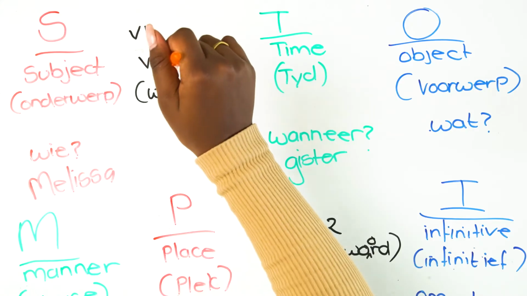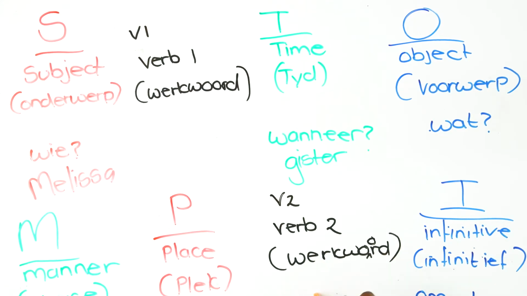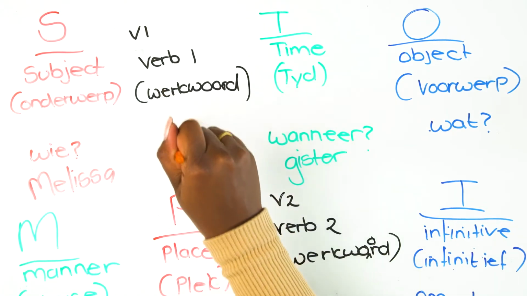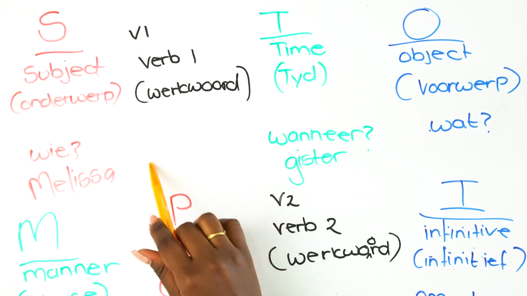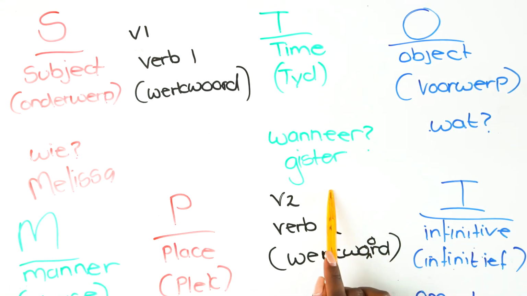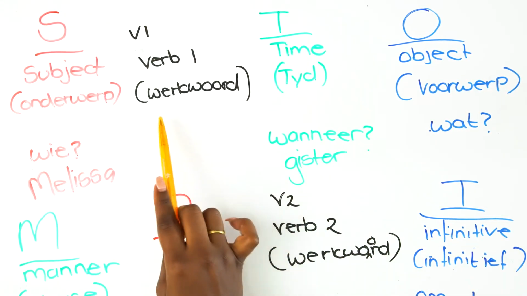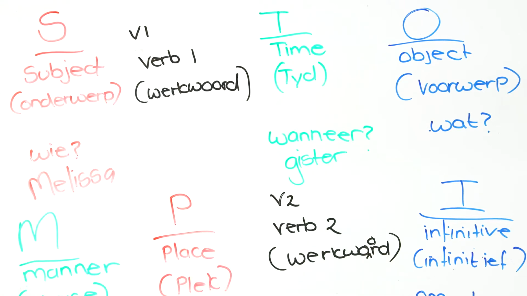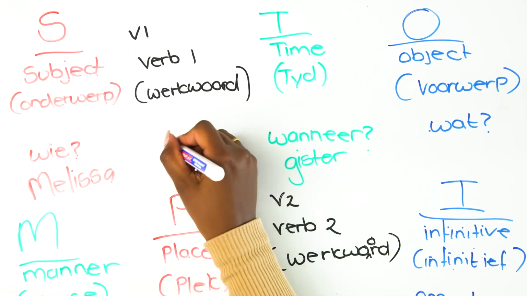So, when we're referring to stompie met werkwoord 1 and werkwoord 2, we're referring to our first werkwoord as being a tense. The reason I went Melissa and gister is because now these two are going to give us our first verb, which is our tense. And if we're talking about yesterday, that's past tense, so Melissa het.